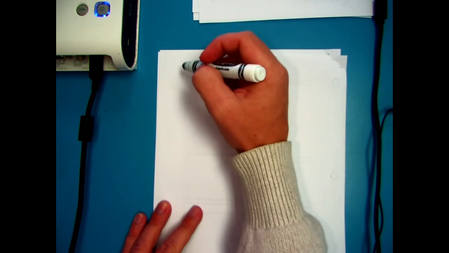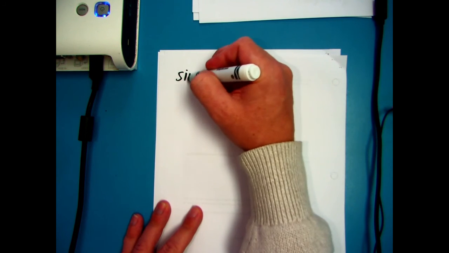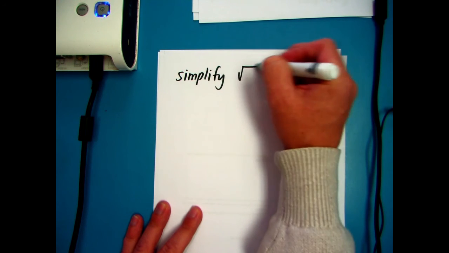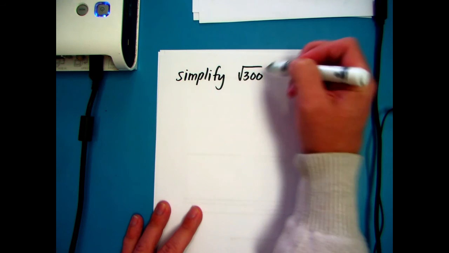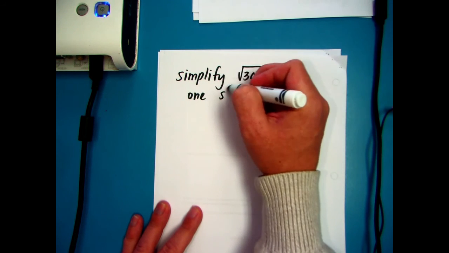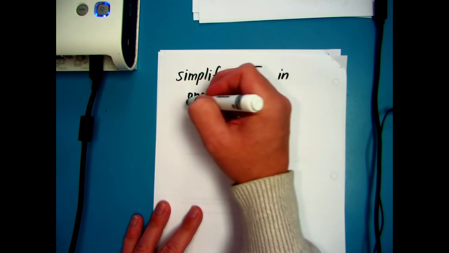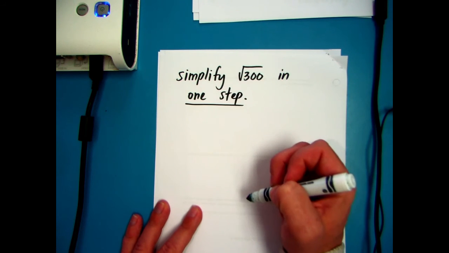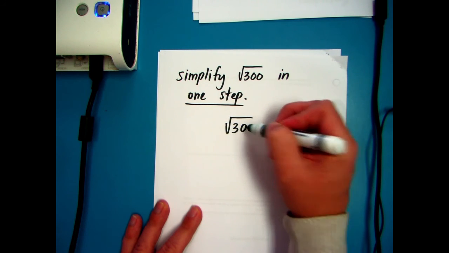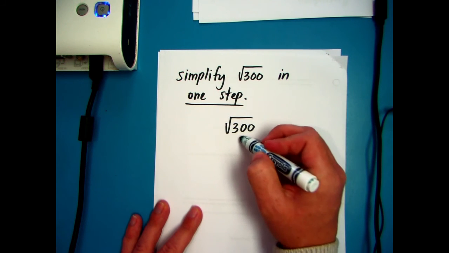Another example that we're going to try to do in 1 step. Let's simplify the square root of 300 in 1 step. Again, we need to think of the largest perfect square factor of 300.